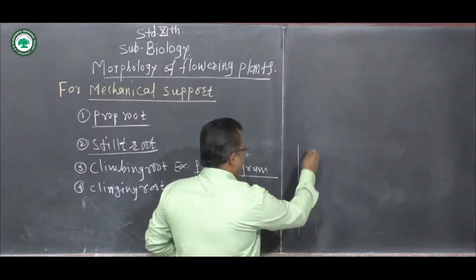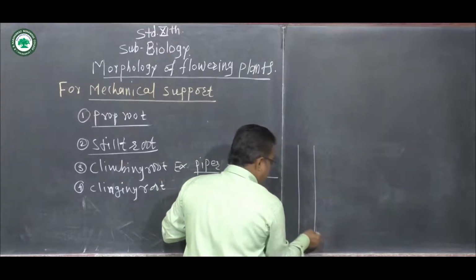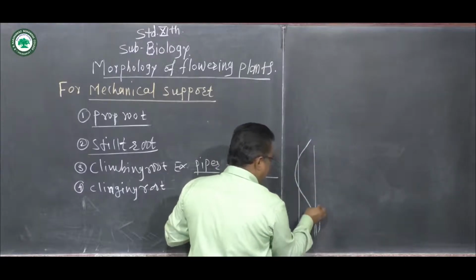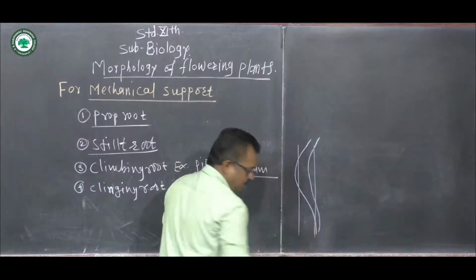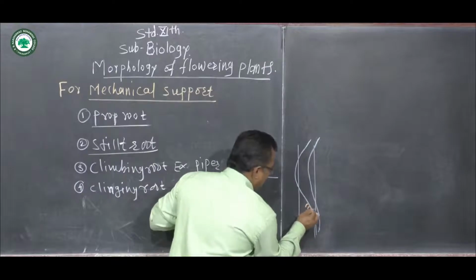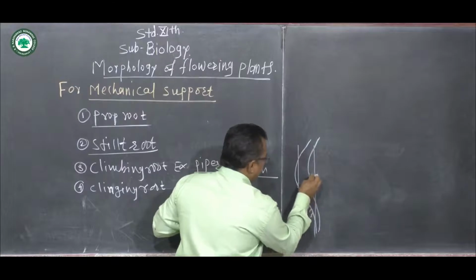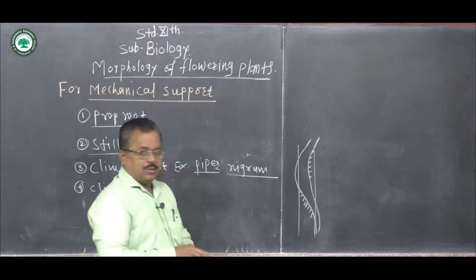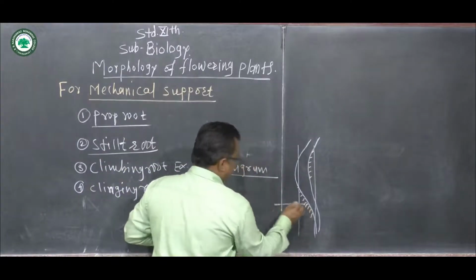Here the plant grows on other plants and the roots develop along the internodes of the stem. These are the clinging roots.